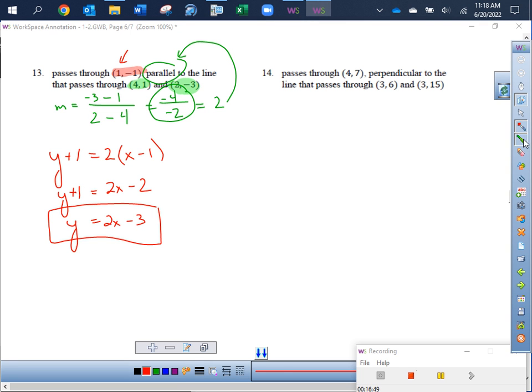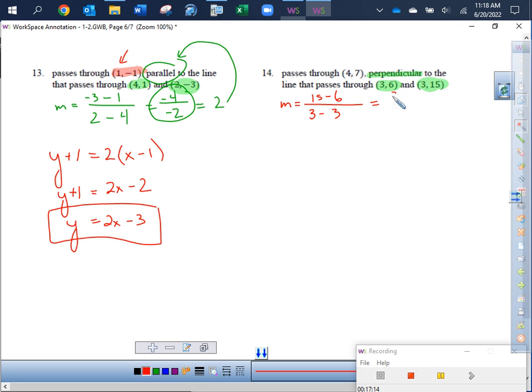We're going to have to do the same thing over here, except, oh no, bro, they use the word perpendicular. So we got to go through this point, but we have to find the slope between these 2 guys first. So we will do it. Slope equals y2 minus y1 over x2 minus, oh no, look at this.